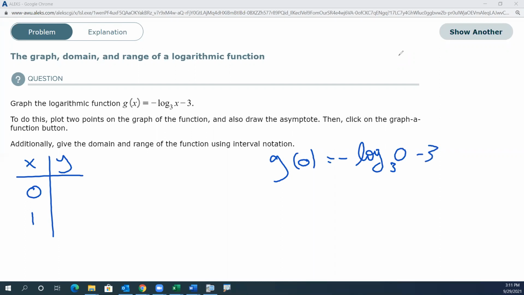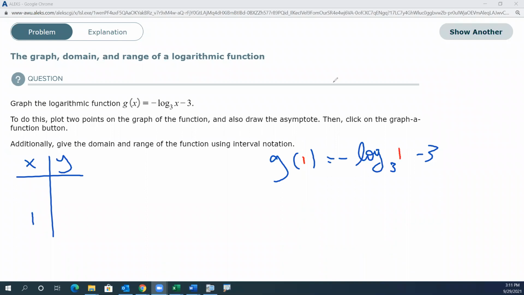Let's see. Oh, that's actually not going to work, is it? Okay. Rats. It's just going to be undefined. So let's skip the 0 and let's just go straight to the 1.